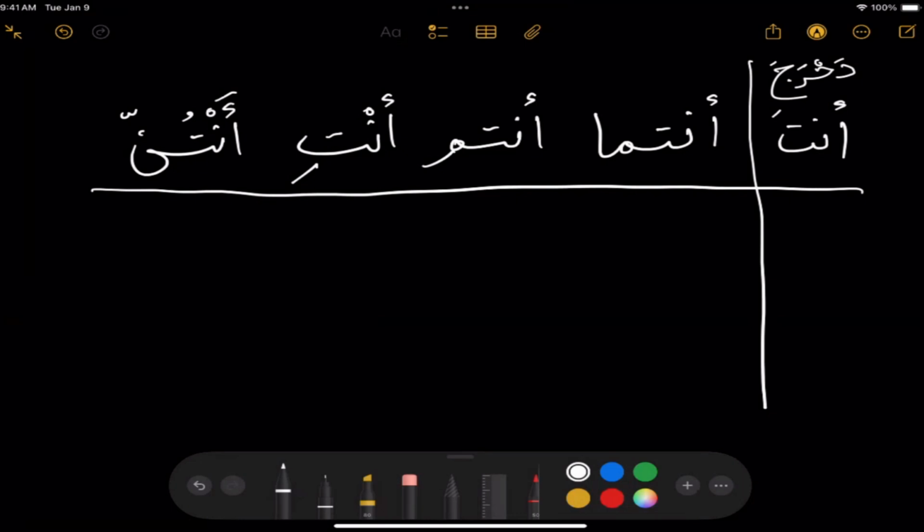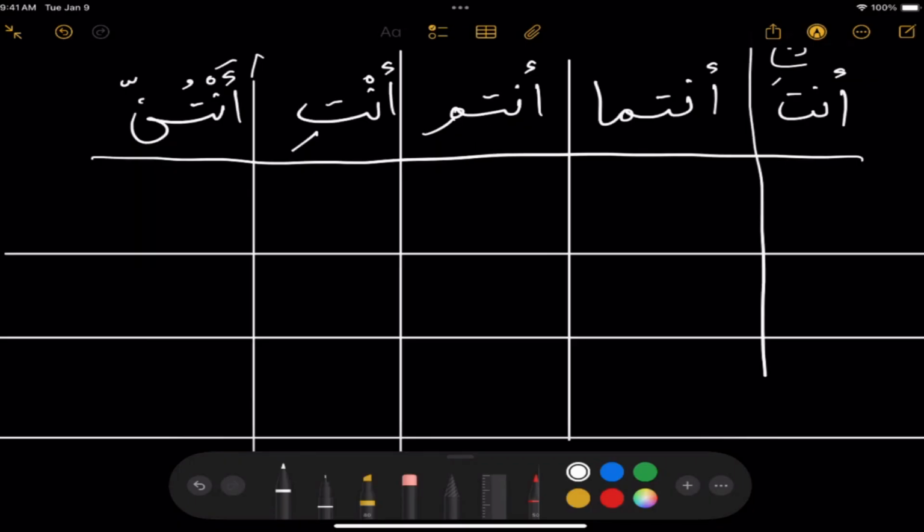We're just going to remove the mudari' letter, and we're going to say, when it was here, anta, the mudari' verb would have been tudahriju. So then the command's going to be dahrij.